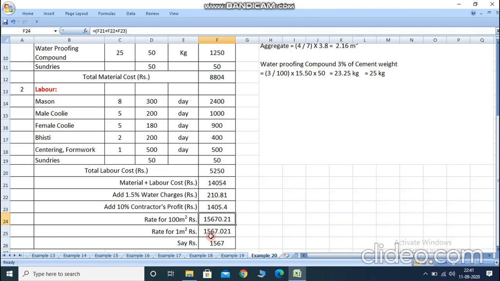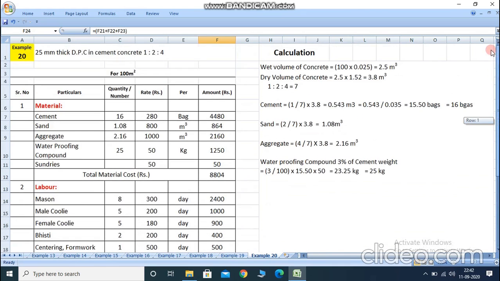So we got the answer 1,567 rupees 0.21 paise. Now rounding up, we take 1,567 rupees as the total per meter square rate of 25 mm thick DPC cement concrete 1:2:4 ratio. Here we complete our rate analysis chapter, and all the different types of examples are covered in this Excel sheet. Thank you.